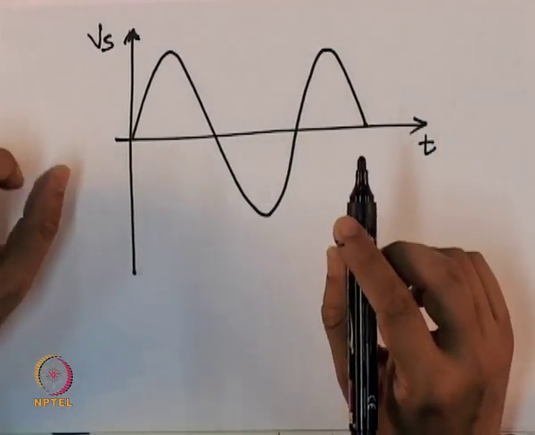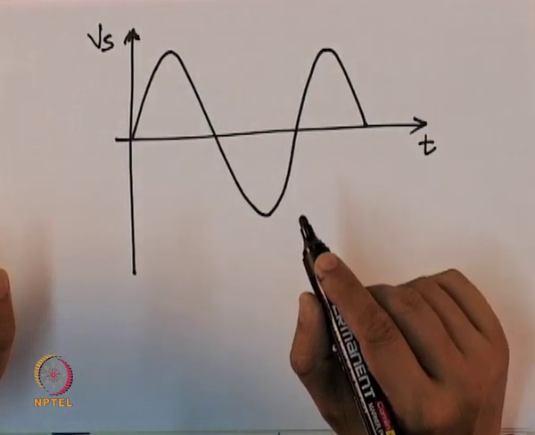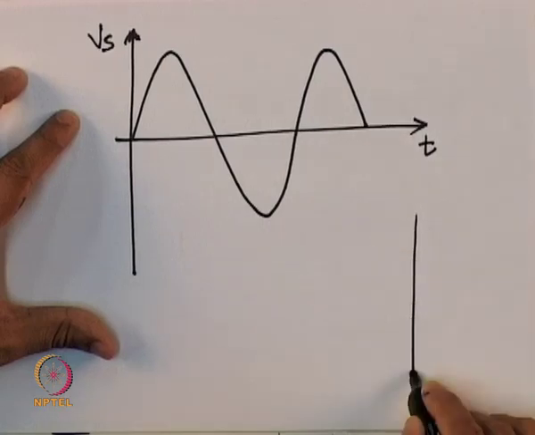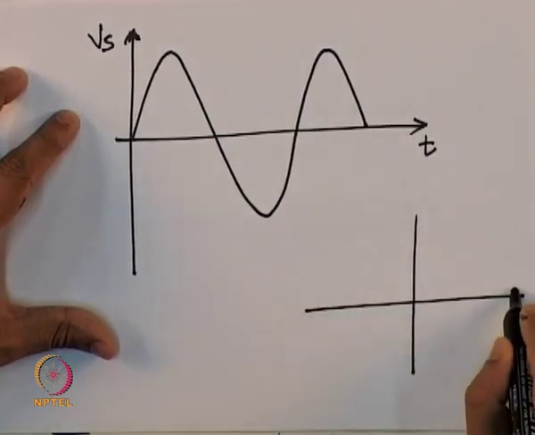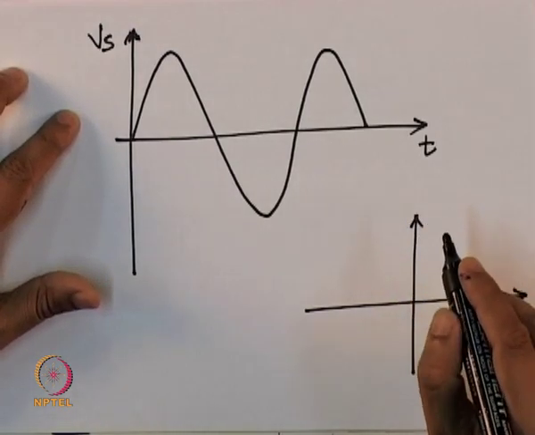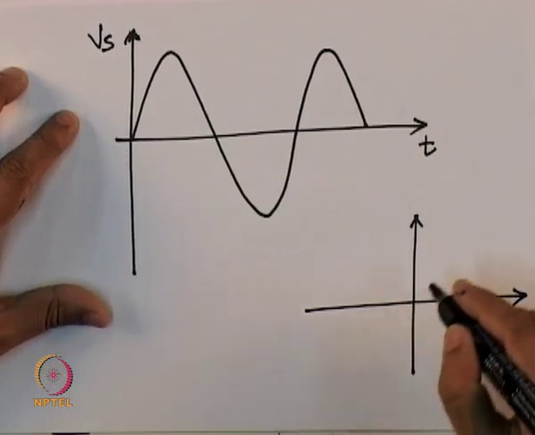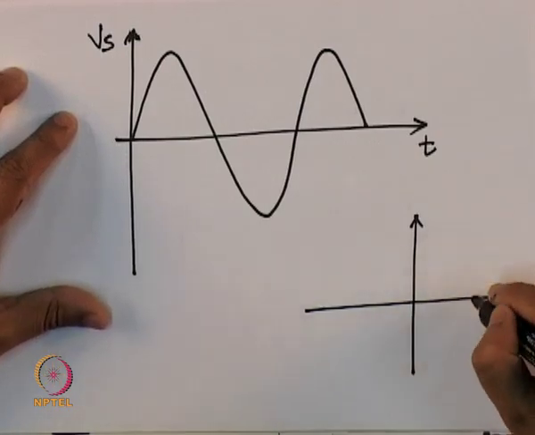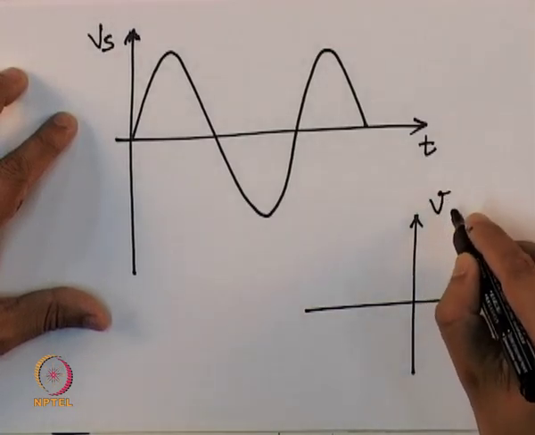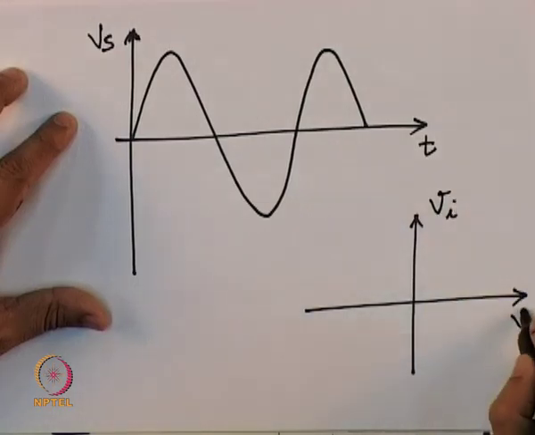But since our diodes are not ideal, and if we consider both the negative and positive half cycles of the input voltage, then the output characteristics of this diode will be something like this.